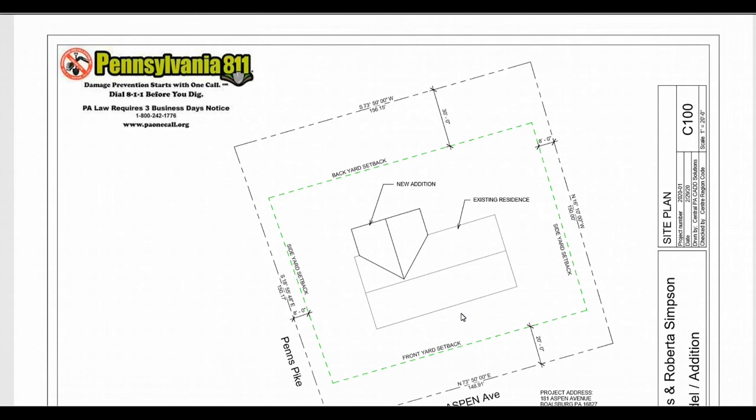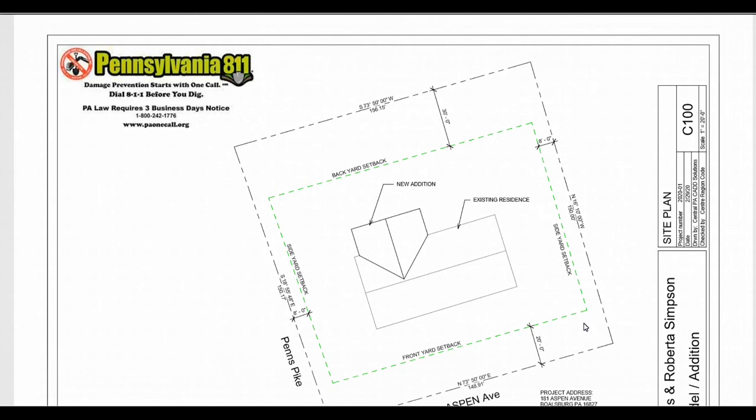If I need to cut in a new driveway and have a permit for a driveway being cut into an existing road, I would need to show the driveway. A lot of times my utilities need to be shown, my electrical connections, not only the existing lines but also how you're going to connect to them, where any telephone poles might be, electrical poles, all the different utilities: water, gas, electric, sewer.